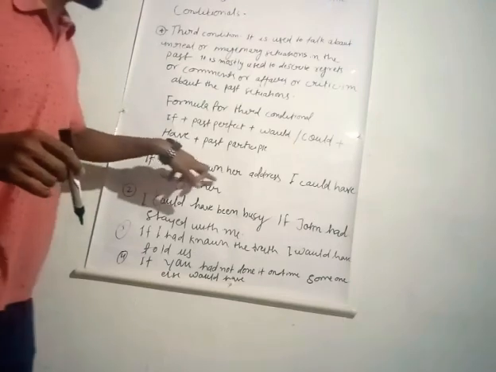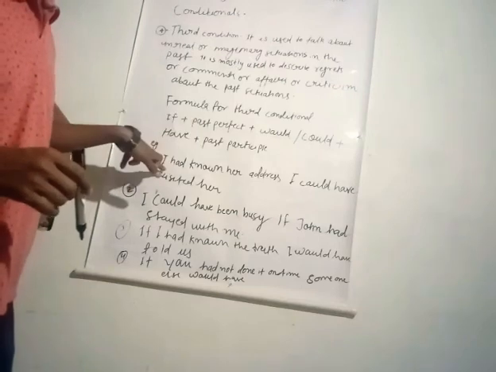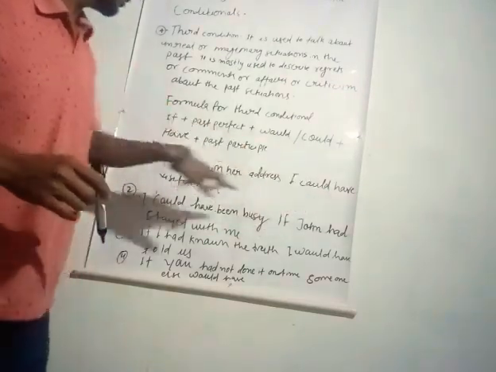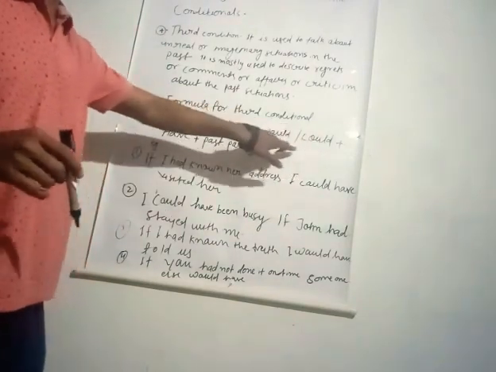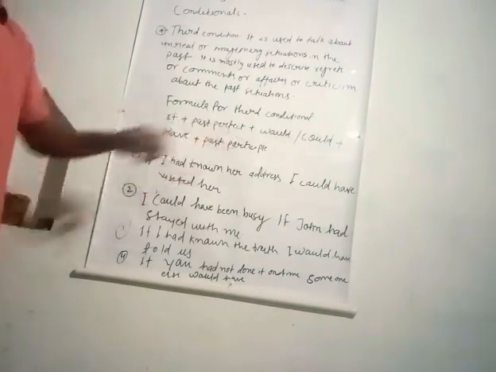If plus past perfect, I had known, and I could have visited her: modal auxiliary verb could or would, plus have, then the past participle.